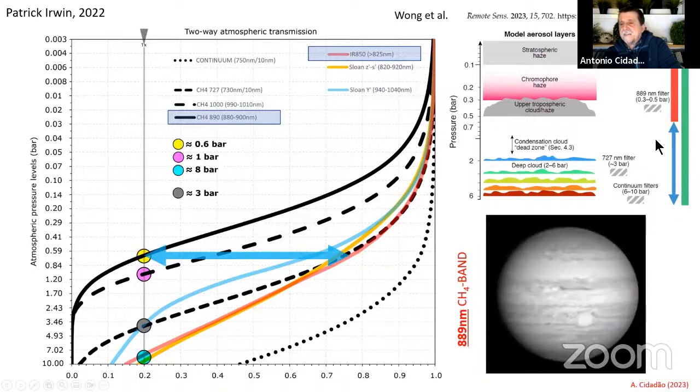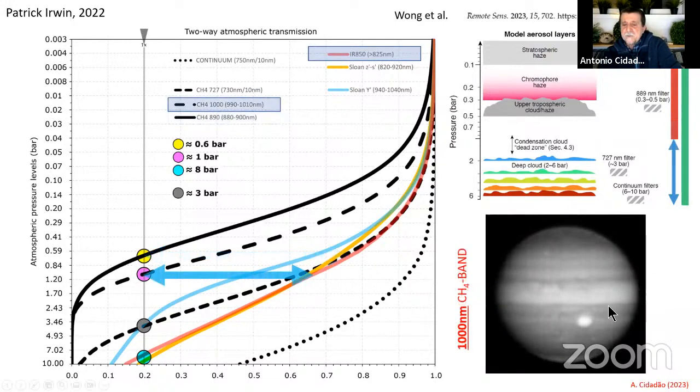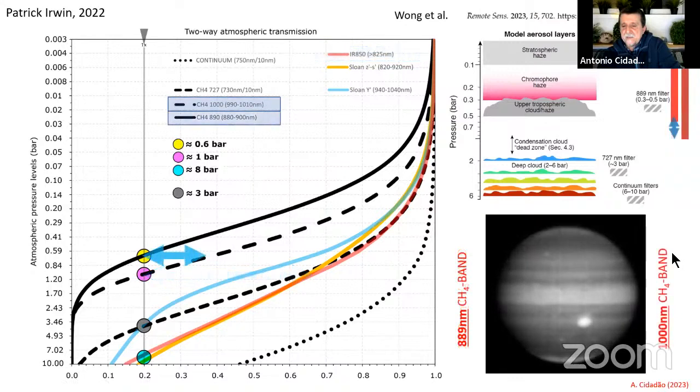And if you subtract both, you should have access to this level of clouds in the atmosphere. Between the 1 micron and the continuum, the difference is lower, but it also allows us to probe this kind of atmospheric height. Of course, you also can have subtraction between 2 methane band filters, which can isolate this region of the atmosphere.